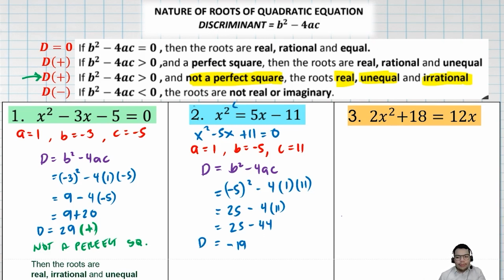Therefore, there will only be one choice as we observe, because there is only one possible way na magne-negative siya. Ito ay kapag ang roots mo ay not real or imaginary.